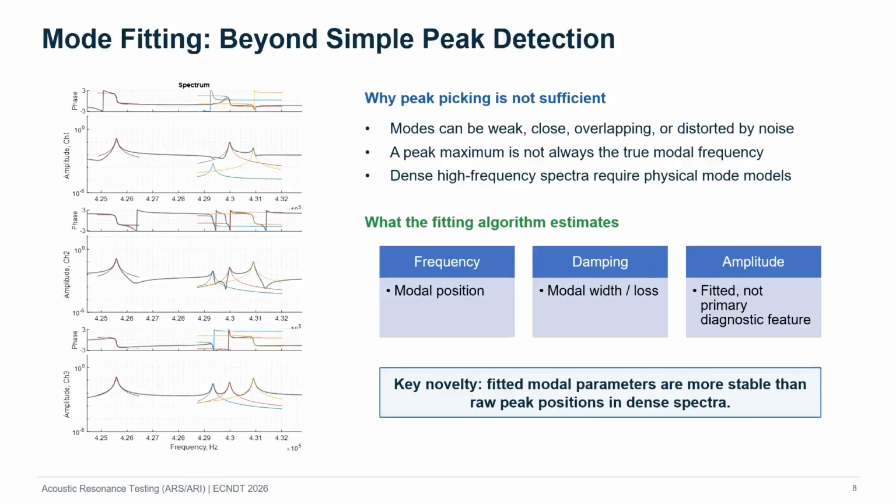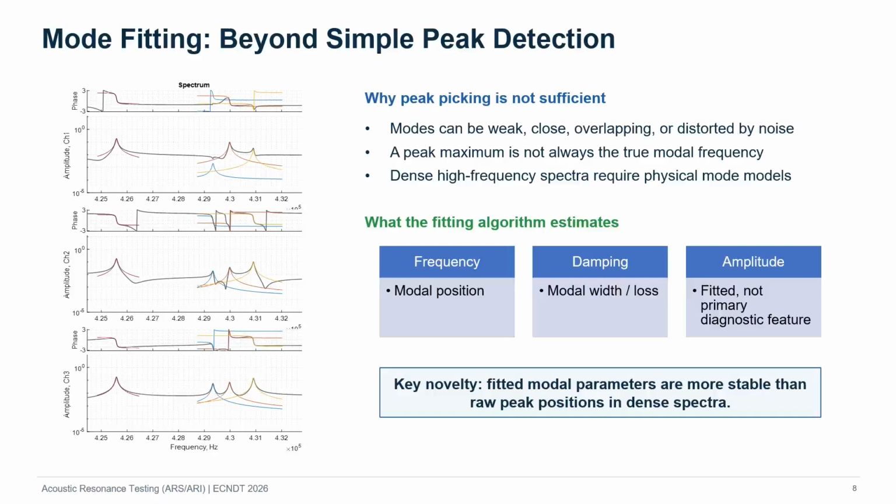A key technical point is that the system does not rely only on simple peak picking. Peak picking can fail when modes are weak, close together, overlapping, or affected by noise. Also, the highest point of a peak is not always the true modal frequency. The fitting algorithm estimates modal frequency, damping, and amplitude using a physical mode model.